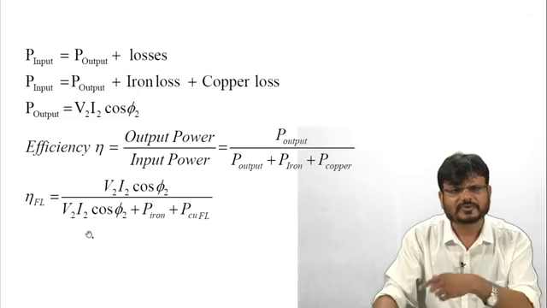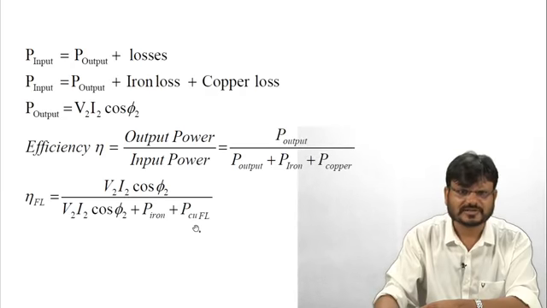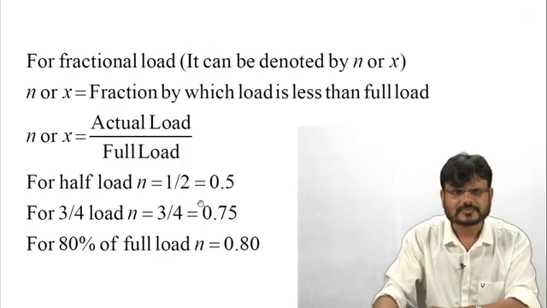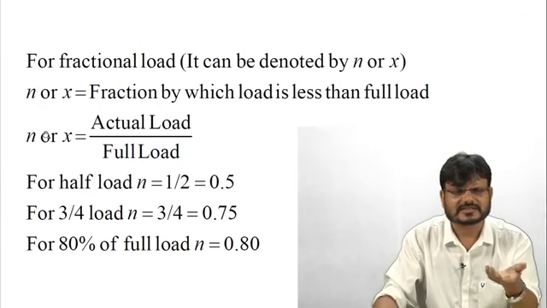At full load, efficiency is equal to V2I2 cos phi2 upon V2I2 cos phi2 plus P iron plus P copper losses at full load, right? So this is the formula for the efficiency at full load. As I already told you, this N or X is basically denoted as a fractional load.